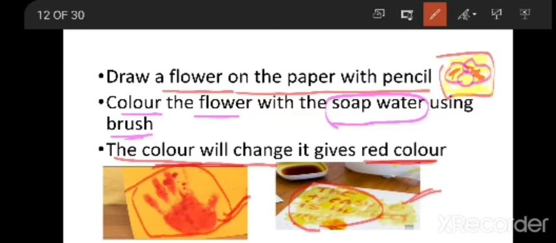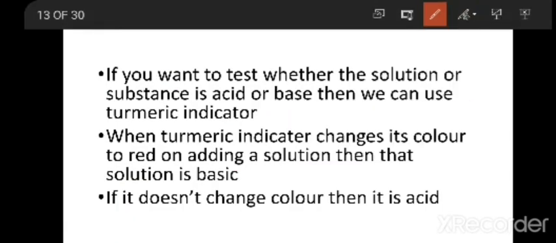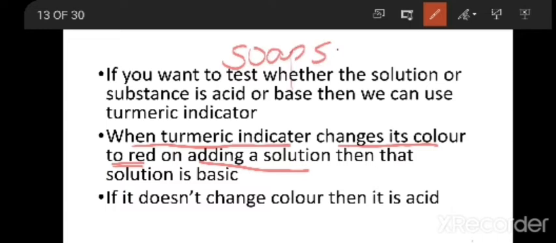What does this indicate? Why is there a change in color? That we are going to see. When the turmeric indicator changes its color to red on adding a solution, here we have added soap solution to the turmeric paper.